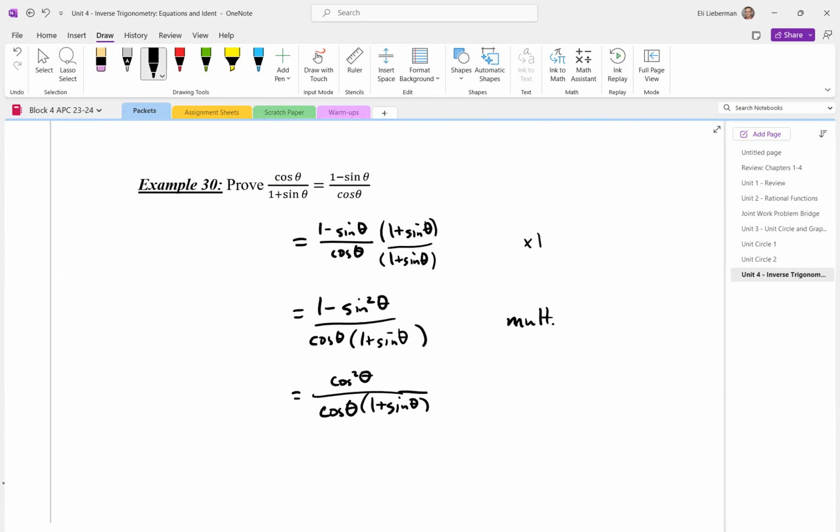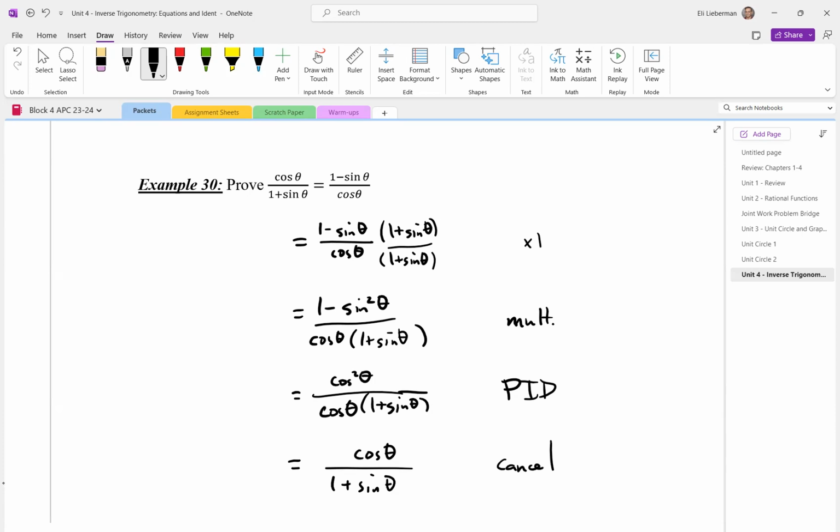We're going to try to mapify that. So what's the reason here? Pythagorean identity, yeah. And then it's so pretty, isn't it? We cancel one of those cosines, so the cosine theta on top, 1 plus sine theta on the bottom, and what do we do next? Oh wait, what's the reason for this? Cancel.